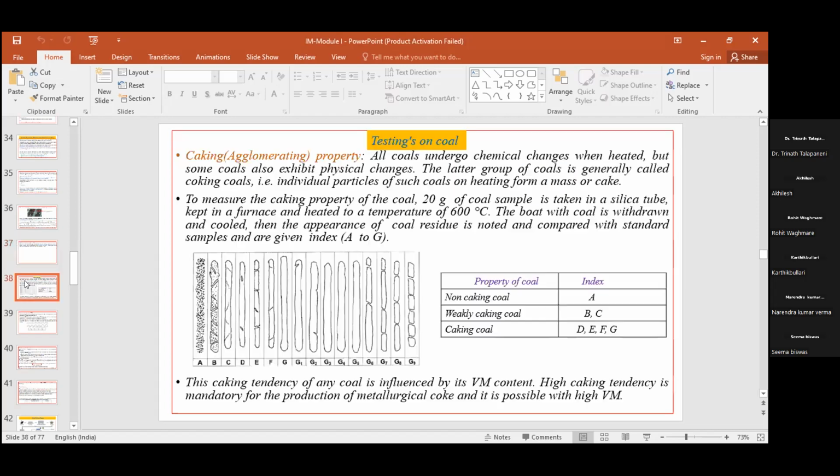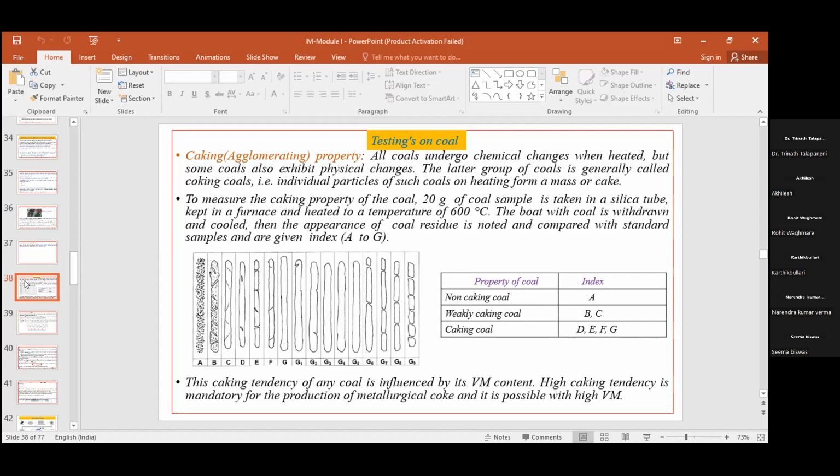So that's why, to check this, we do some testings. First one is the caking property. A good metallurgical coal should have good caking tendency. It should form a solid mass at the end of the coking process.